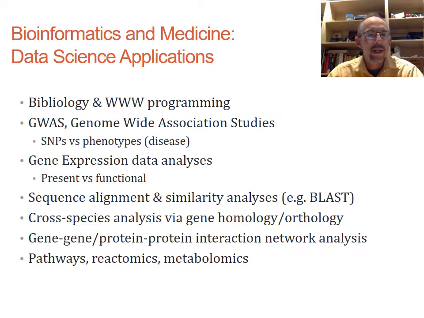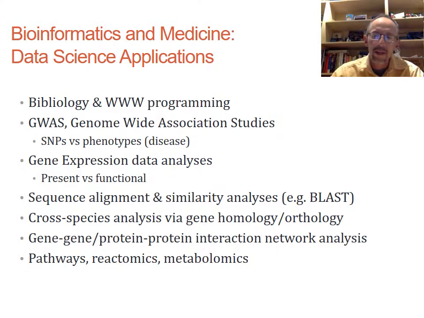Gene expression data analyses refer to the differential expression of gene products, normally proteins, in varying tissues. So it may be that particular genes are expressed more in one tissue than another. That can give us clues as to what's happening at a molecular level in diseased tissue. However, I'm putting that bullet there, present versus functional, because there are big questions as to whether gene expression is simply being present or actually doing something functional.